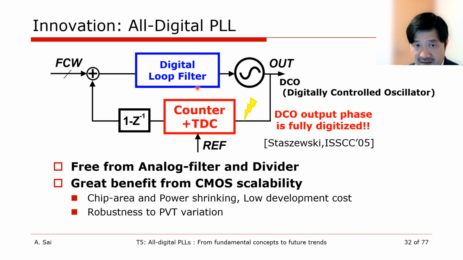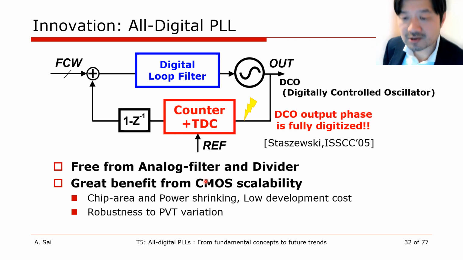A loop filter can be replaced with a small digital loop filter. As you know, ADPLL can get another great benefit from CMOS scalability. The power consumption of the digital block will shrink with process scaling. The low development cost is also very attractive.